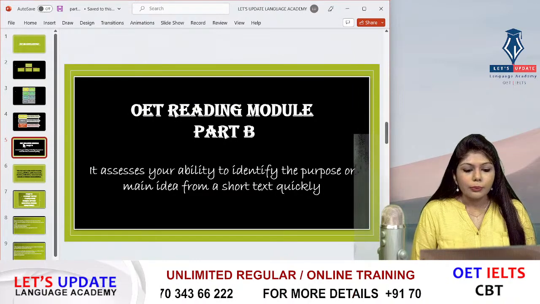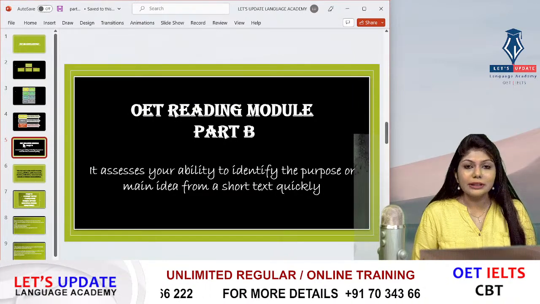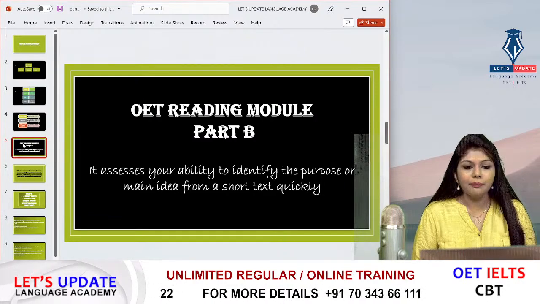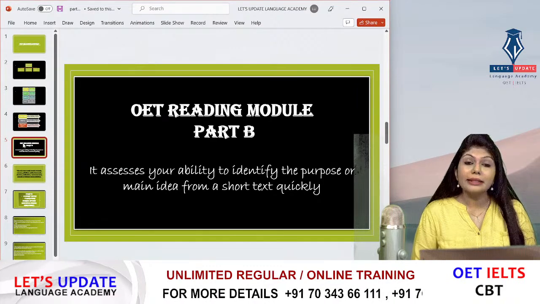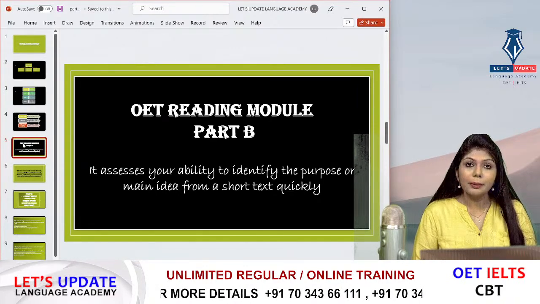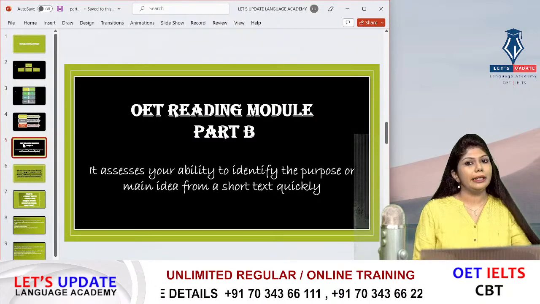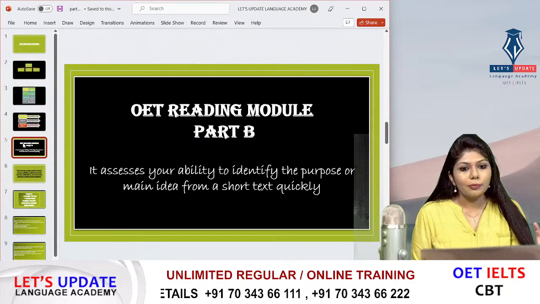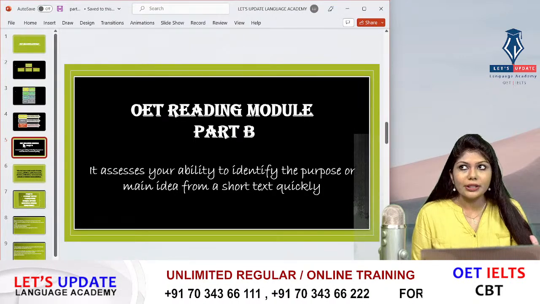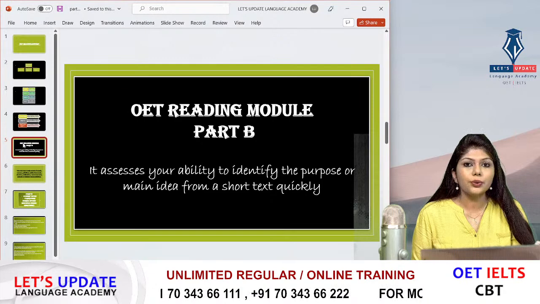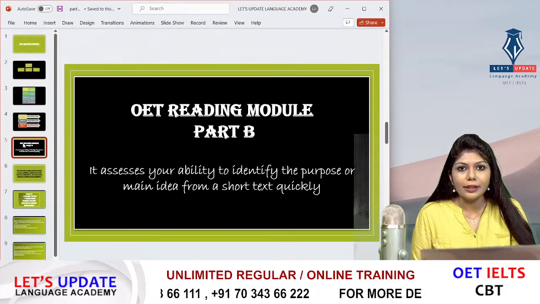Now, regarding part B, as we are going to have a discussion of the part B section today. Part B will assess your ability to identify the purpose or main idea from a short text quickly. Usually the questions will be such that you need to identify the purpose or the main idea of the extract.